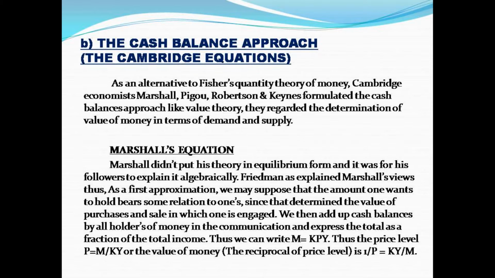K is the fraction of the real money income which people wish to hold in cash and demand deposits. P is the price level, and Y is the aggregate real income of the community. Thus, the price level P is equal to M divided by KY, or the value of money. The reciprocal of price level is 1/P = KY/M. This is Marshall equation.